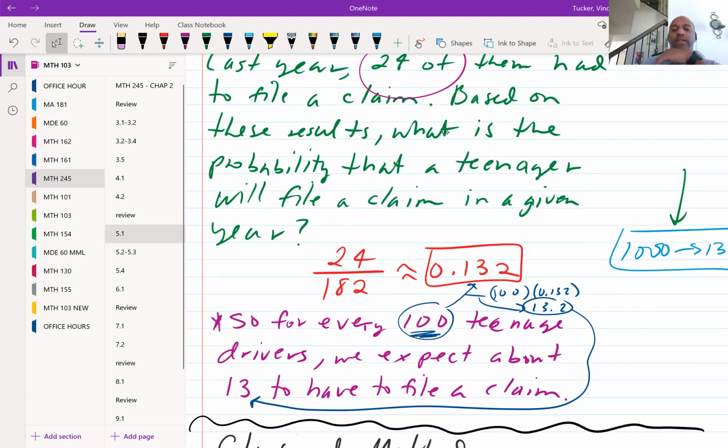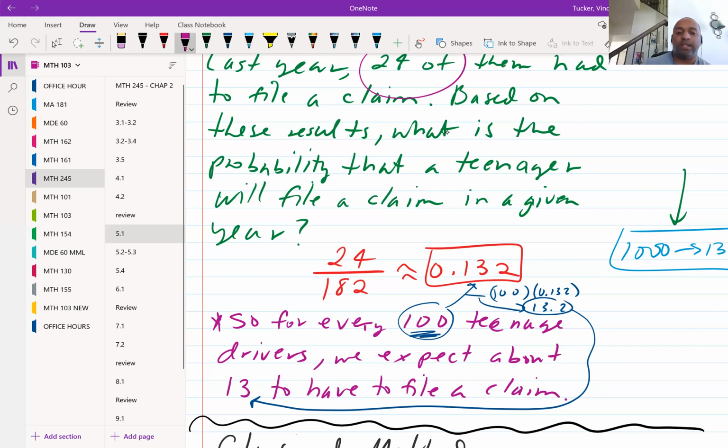If it says something like, for every 100 teenage drivers, we expect about 13 to have to file a claim, what they did, and I wrote it in blue right here, was take the 100 and multiply it by this number. 100 times 0.132 is 13.2, which is about 13.